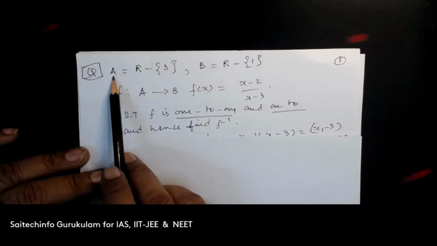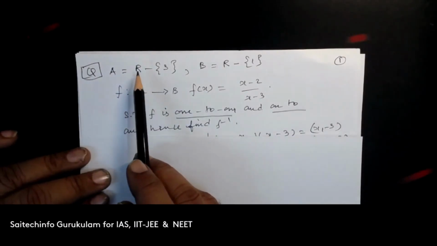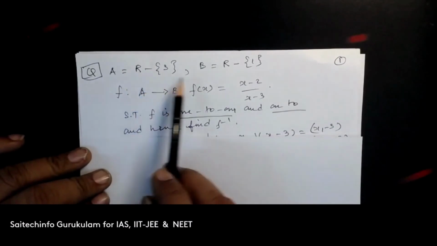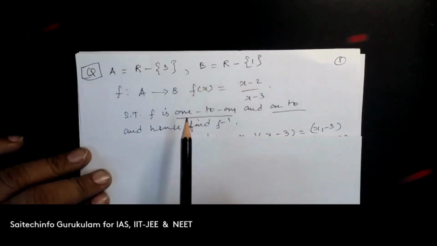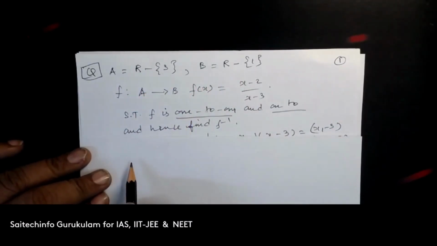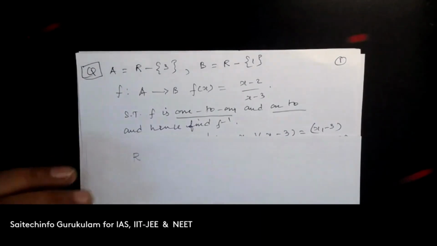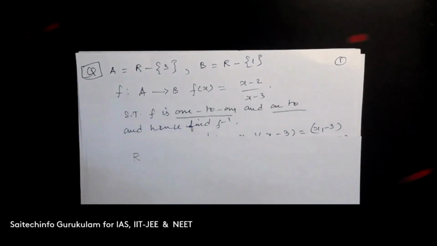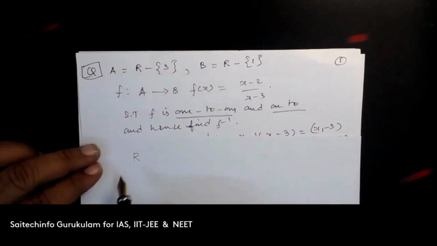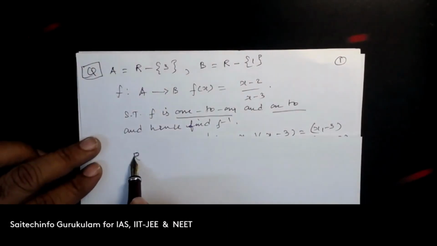See, A is the input, B is the output. We know what a relation is. A relation is a set of ordered pairs. So first of all, we should try to establish the set of ordered pairs.